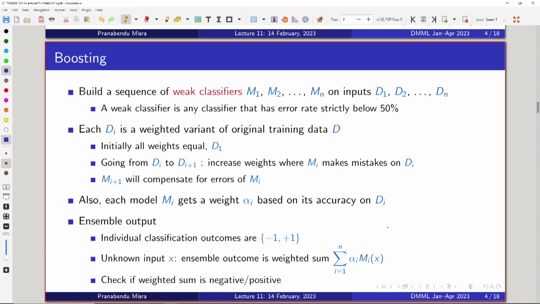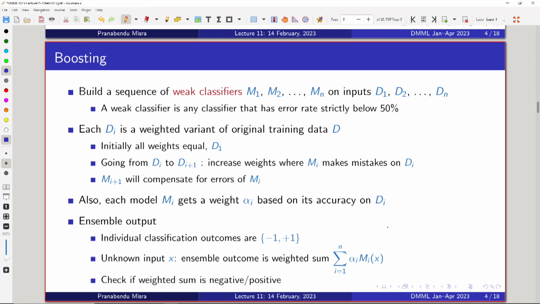But then I build some classifier which I will call M1. M1 will correctly classify some things and incorrectly classify some things. Things that are incorrectly classified, I am going to increase their weights to indicate that the next classifier I build should pay more attention to being correct on these data points.